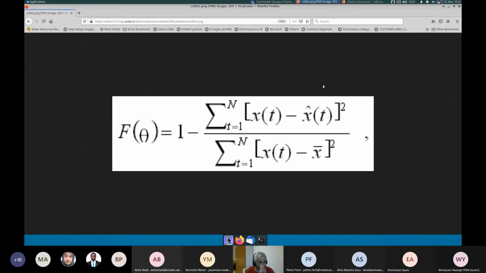But you are expecting that this ratio is lower than 1. And you may expect that this ratio is 0 if the model is perfect. You may also expect, if your model is plain wrong, that this ratio is higher than 1, because the model may be worse than the very naive prediction.